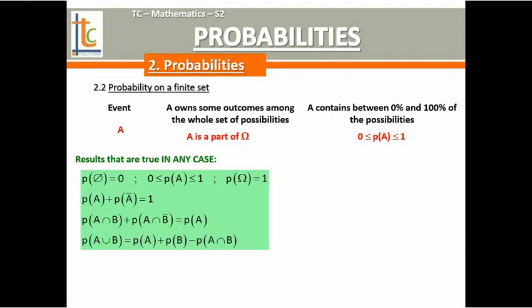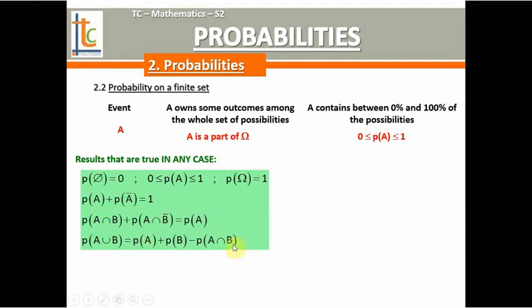So just have a look at the first video on sets. That means that the elements of A are the ones that are at the same time inside B, or the ones that are not inside B. And if you group both, you've got A. So the probability of A is the sum of both probabilities. We'll see it in exercises, of course.